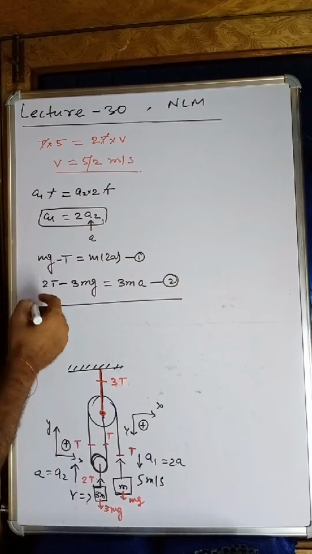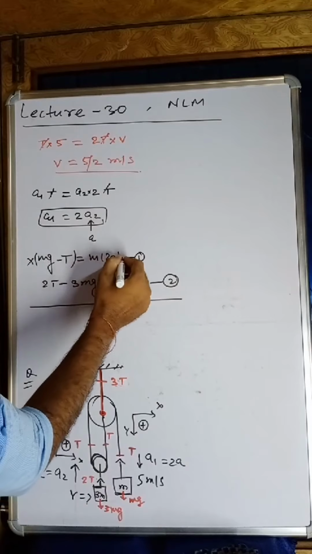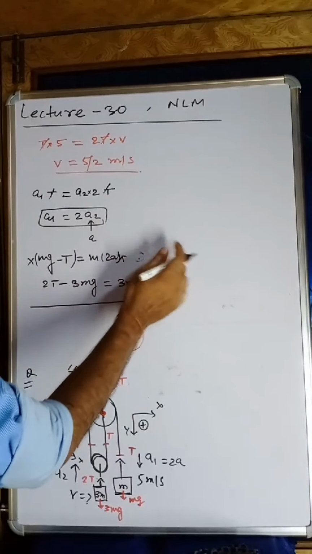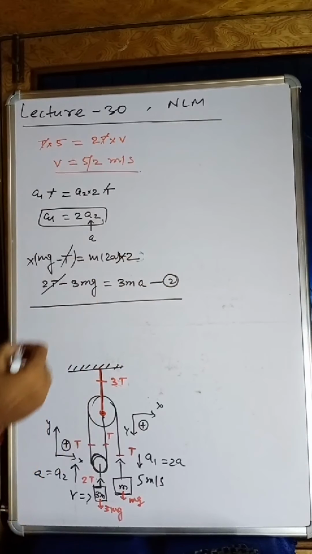Here, my dear friends, you can see if you multiply it by 2, you can solve this equation. This 2t will be cancelled out.